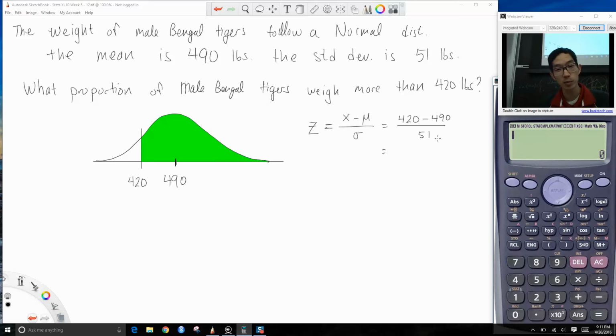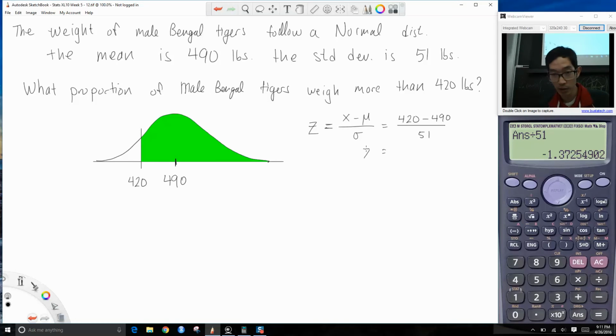If you got these mixed up, you might have done 490 minus 420. We don't want to do that. So we want 420 minus 490, okay? We get negative 70, and we're going to divide that by 51, and I get negative 1.37. So I get z is equal to negative 1.37, okay?